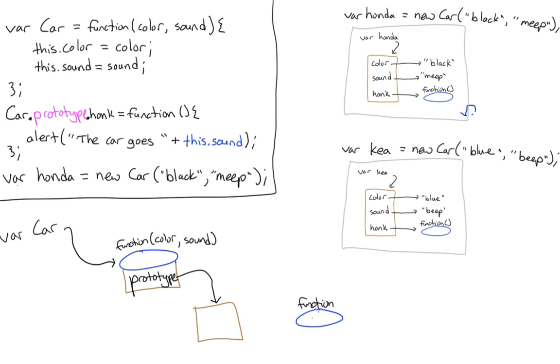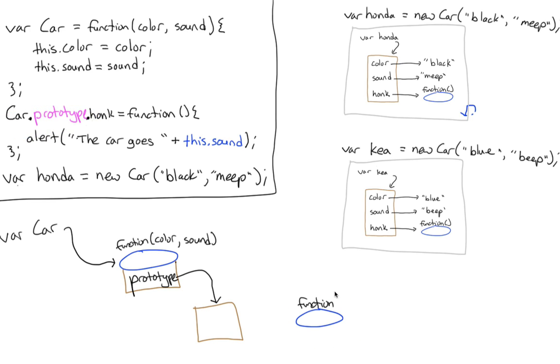Now, even though this function technically also has a prototype that points to another object, we're not going to draw it because we are not worrying about that prototype. So we're going to leave it blank. So this is the right side of the equal sign. All of this right here. Next, we're going to make the left side point to this function.